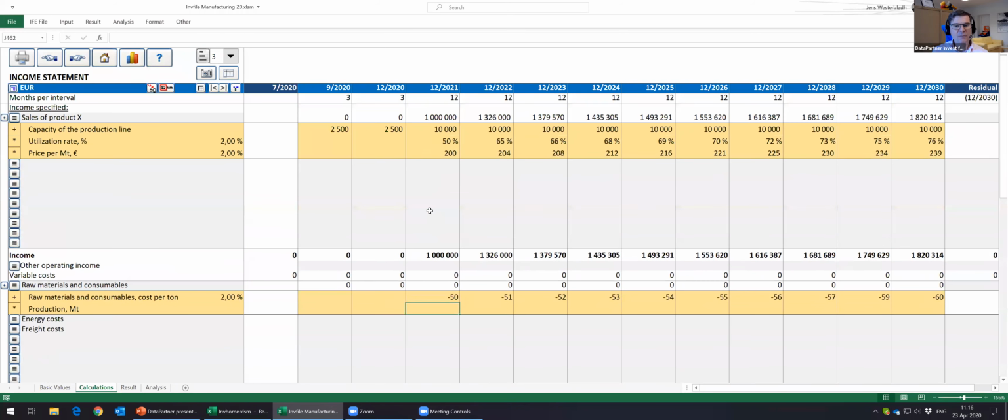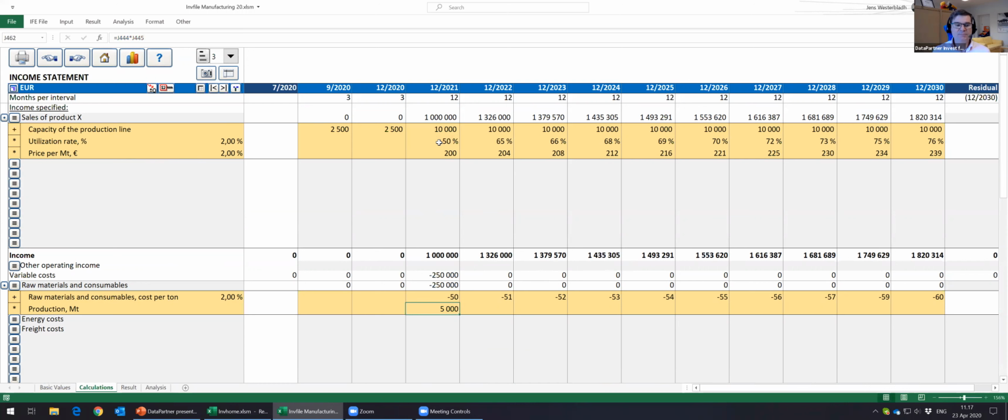Okay, I didn't model it so that it's visible here. I could have done it. Would have been nicer. But now you can also use Excel formulas. This is Excel. So just enter equal, and we multiply the capacity multiplied with the utilization rate and press enter.